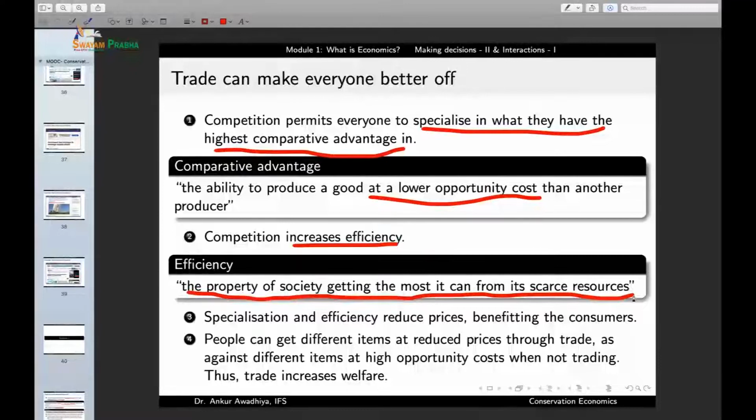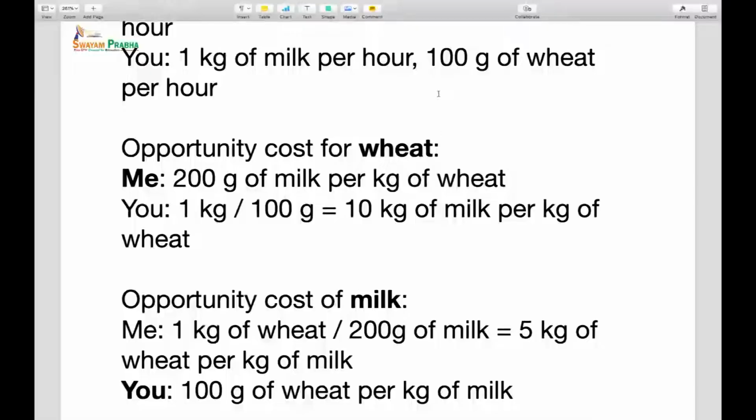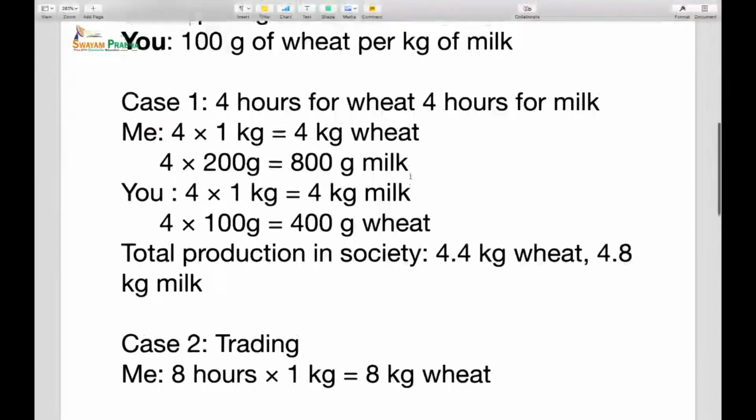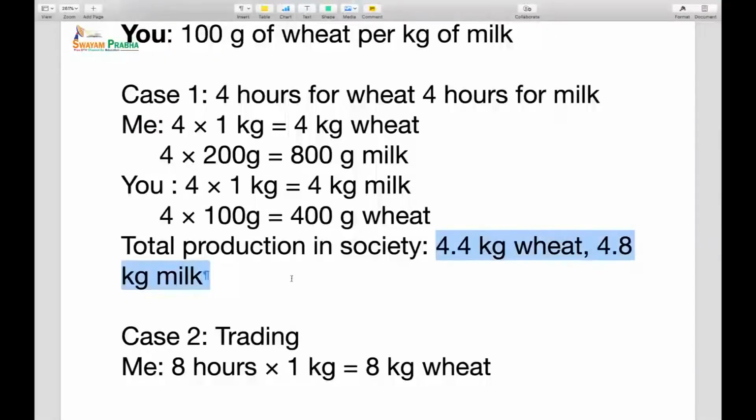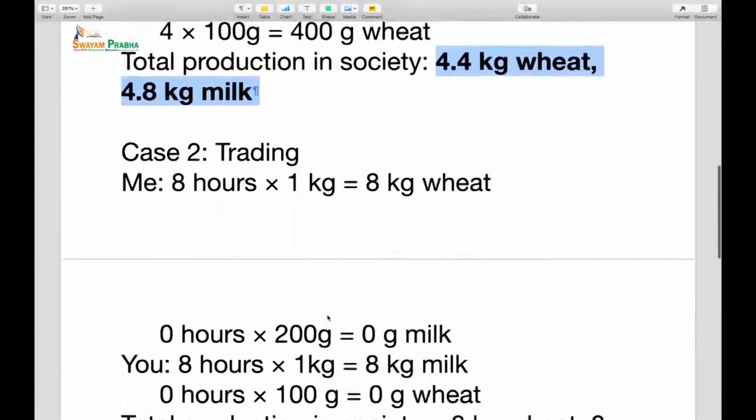So, the society, which only comprises you and me in this example, has only 8 hours for you and 8 hours for me. And earlier, the society was able to produce 4.4 kg of wheat and 4.8 kg of milk.